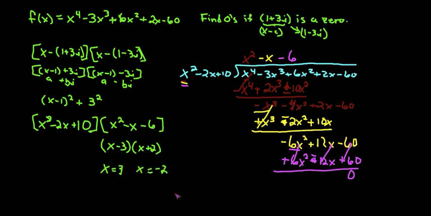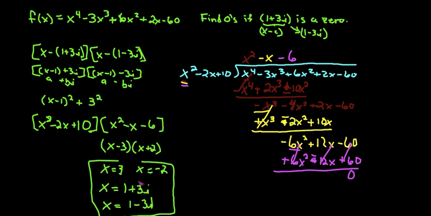Put those with the 2 values that came from this, which is x equals 1 plus 3i and x equals 1 minus 3i, and there we have the 4 roots that we were trying to find for our zeros. A lot of work, but it still goes back onto some basic concepts with those conjugate pairs.